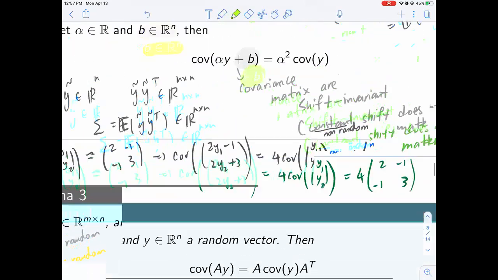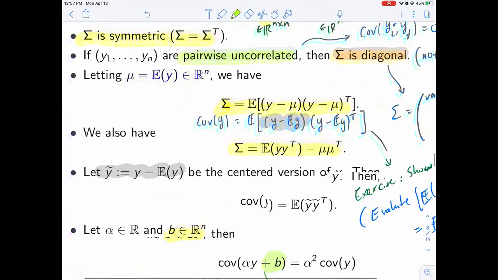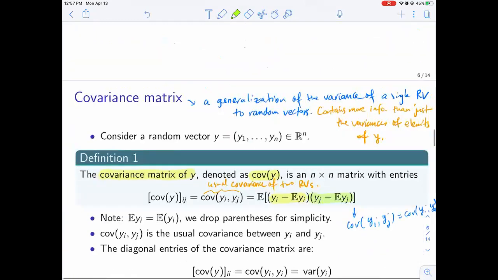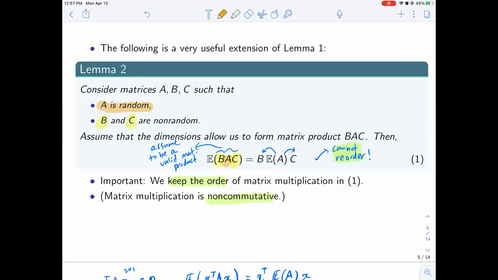Right, so I'm basically using, if you recall, this formula. I have two matrices here, the A and the transpose here.